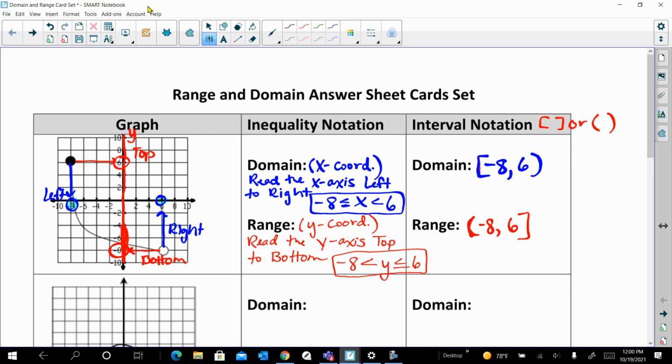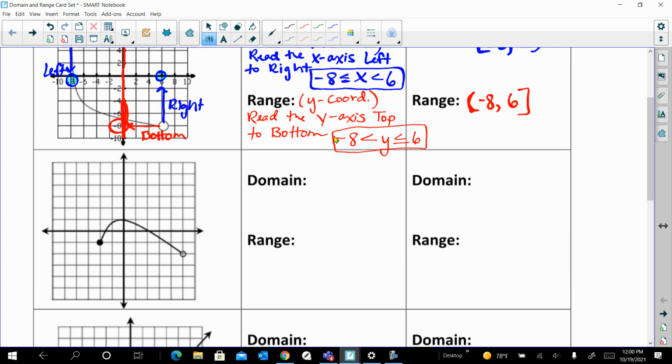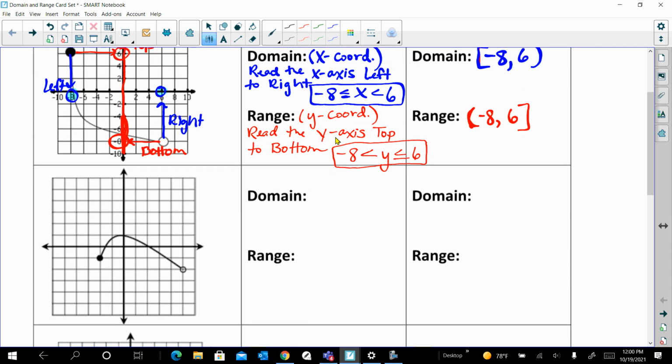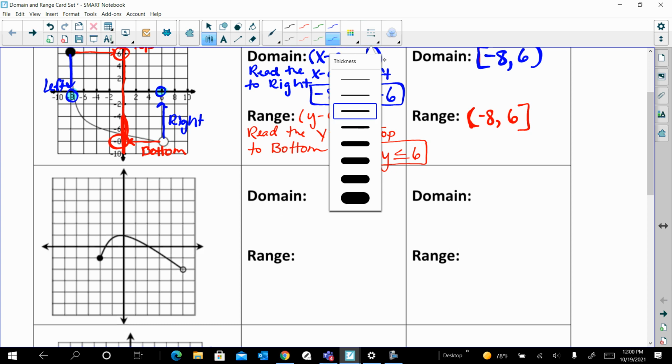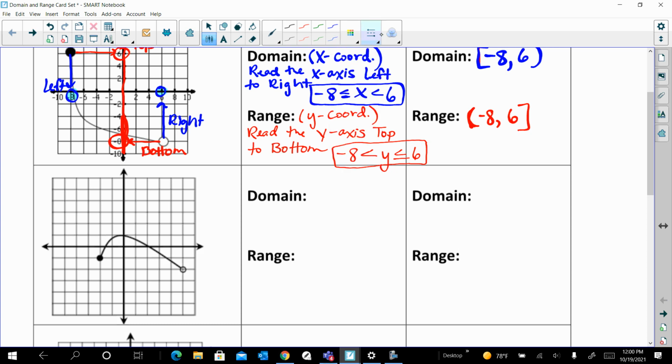Okay, so let's do this next one together. For your domain, we're talking left to right. Here is the left of the graph. This is at -2. Then I go to the right of the graph. That is at 5.